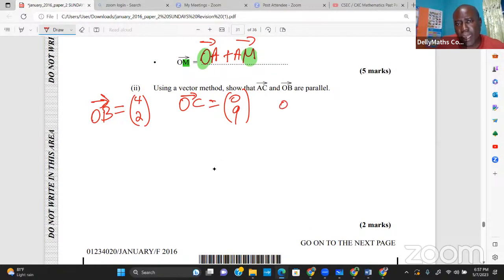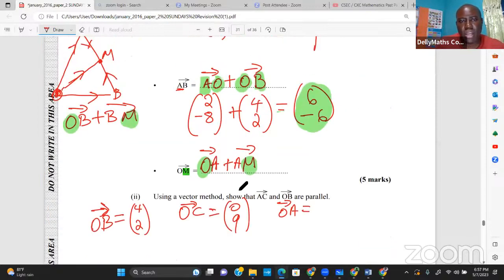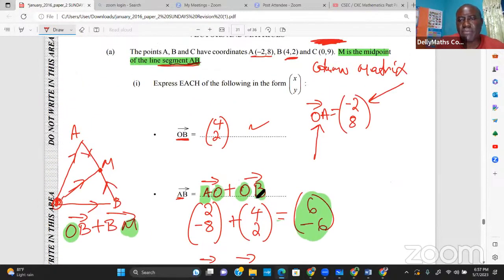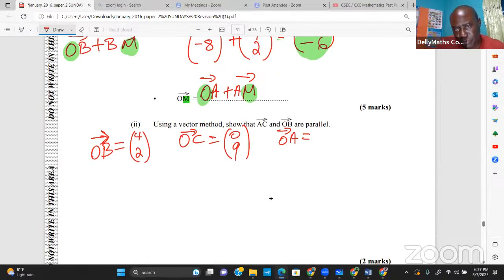Remember that I have OA. OA is -2, 8. You need to find AC first.